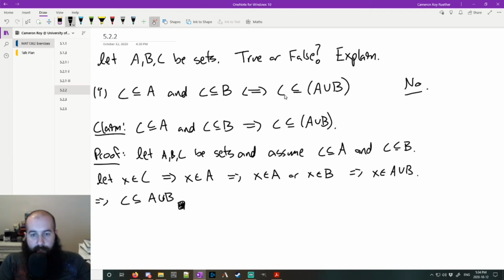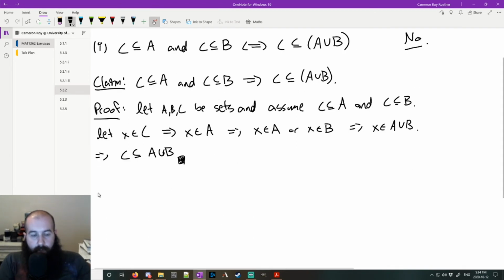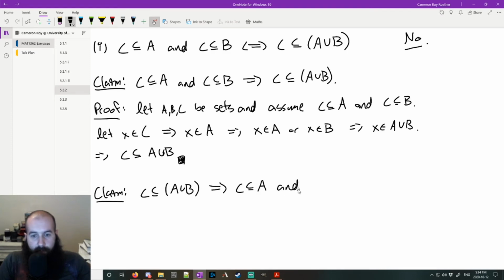However, the implication in the opposite direction does not hold. The converse is false. So our other claim is that C is a subset of A union B implies C is a subset of A and C is a subset of B is false.